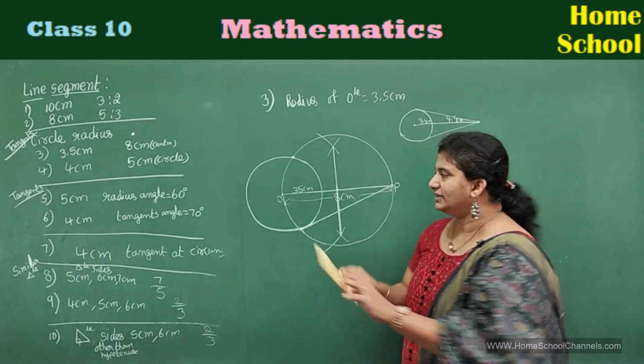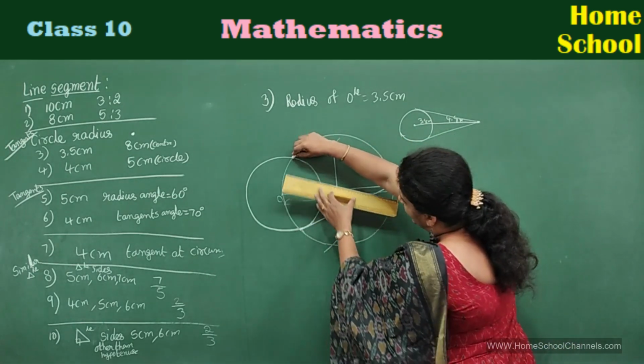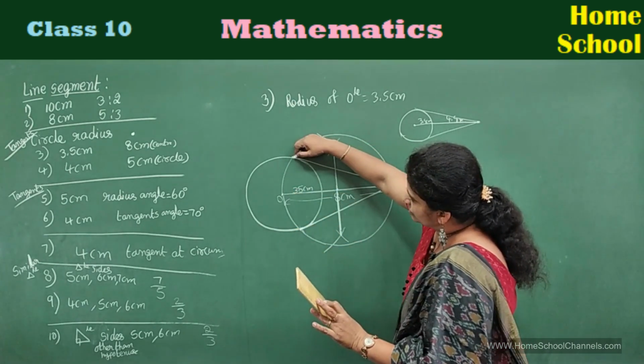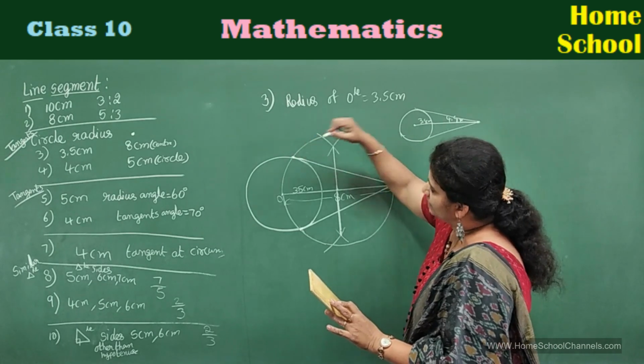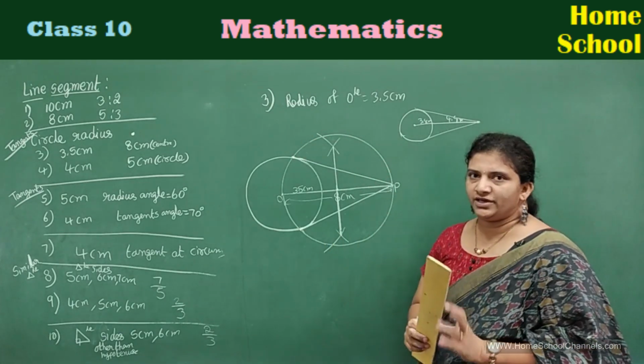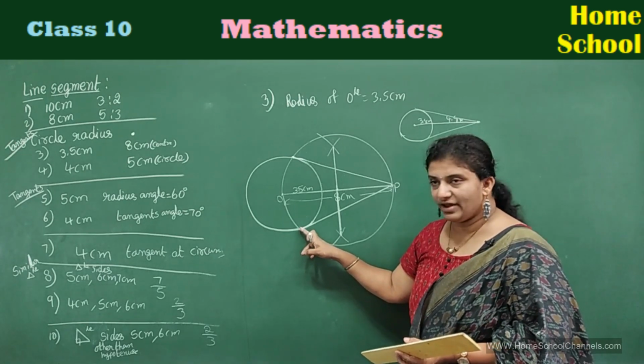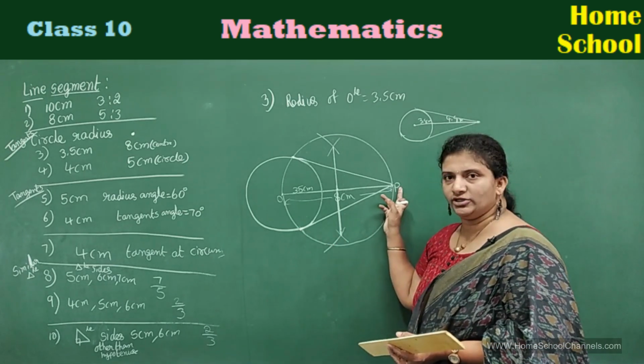This is one tangent. And again here where it touches, from there to this point. So the scale is not enough for me. Just observe here. New circle where it is touching the old circle, from that point to the external point, join.